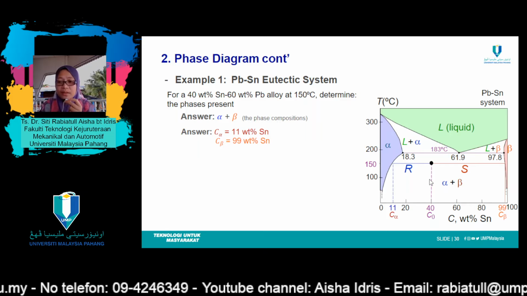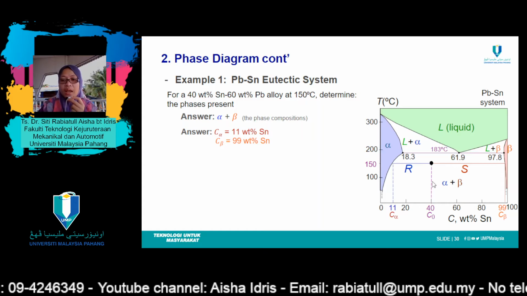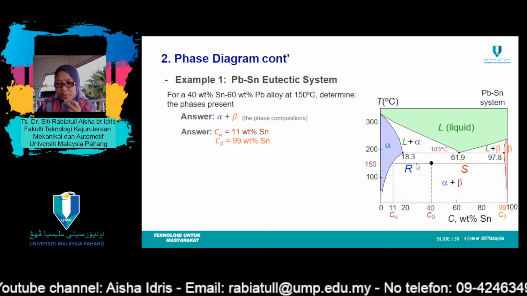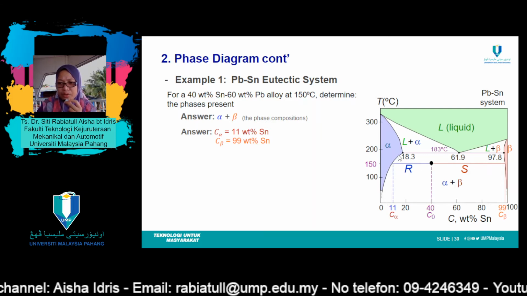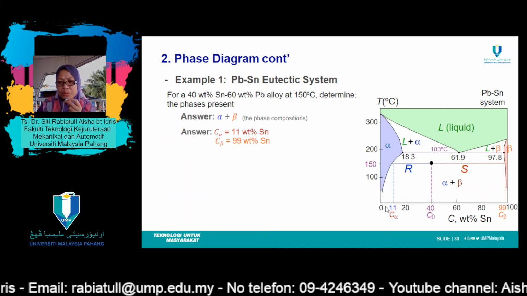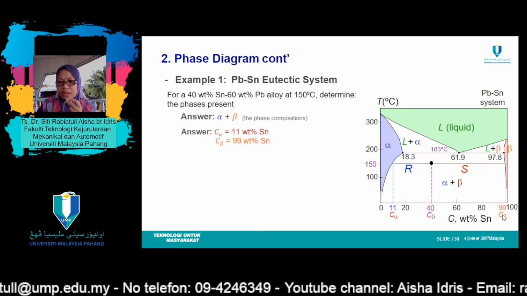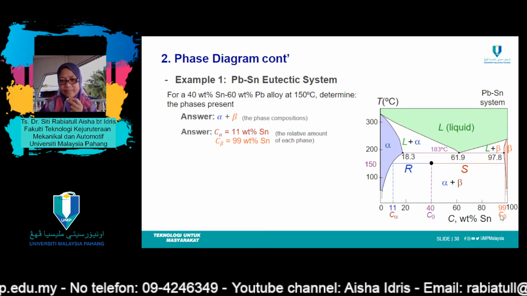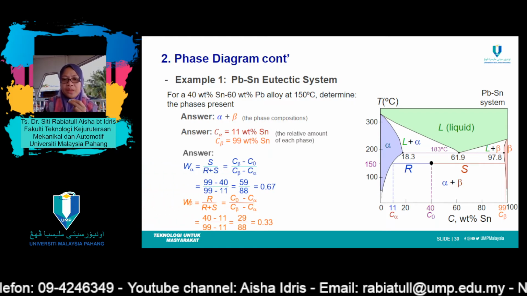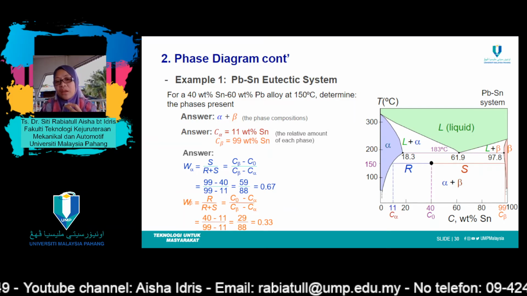However, what solid is that? Solid consists of beta and alpha. And how about its percentage? From this point you draw a line until you reach this line. So this point represents C alpha equals 11%, and meanwhile for beta this point is 99% of tin. After that, that is the phases present.